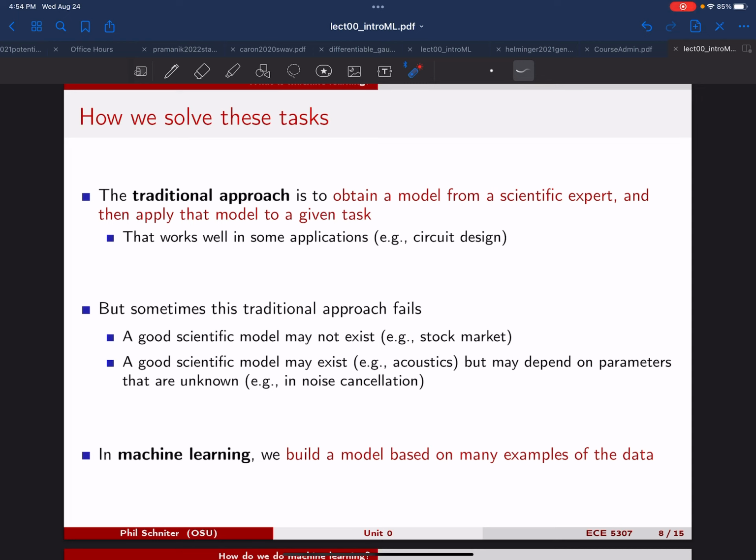But the problem is that if you really want to apply that physics directly and say, well, I want to cancel this path and that path, you have to know exactly where all the walls are, where I am, where you are, where all the other people are, all the reflecting surfaces. You have to know all that information to directly apply the acoustical models. Okay, so the model is there, it's just not convenient to use.